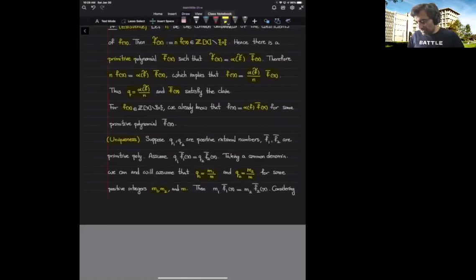Now, I use this equation and multiply both sides by the common denominator of Q1 and Q2 and deduce that M1 times F1 bar is the same as M2 times F2 bar. Now we consider the content of both sides.